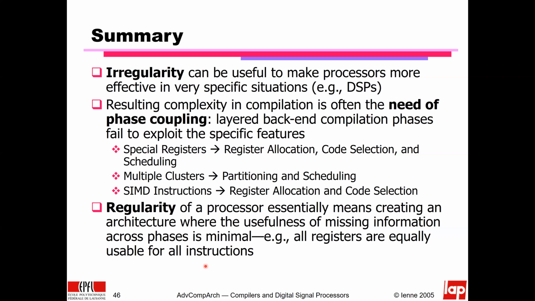And some of the things that you may screw up depend on this phase coupling. The fact that some of these decisions that any compiler has to make are not reasonably independent. They're never completely independent, but they are usually reasonably independent.